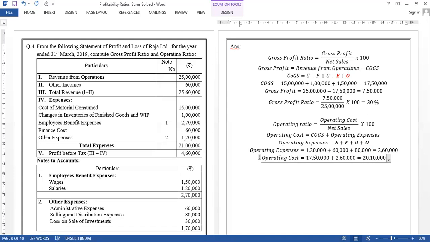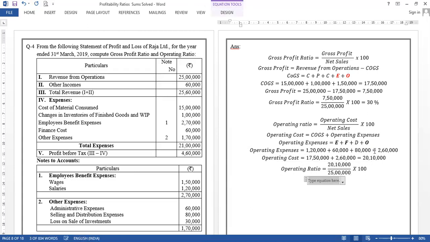Okay, so this is my operating cost. Now let me apply the formula and place the value. Operating ratio is equal to operating cost, rupees 20,10,000, divided by the revenue from operations, that is 25 lakhs, into 100.